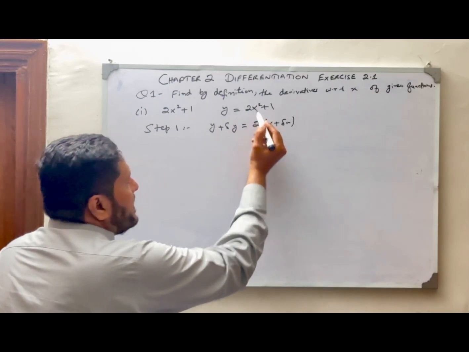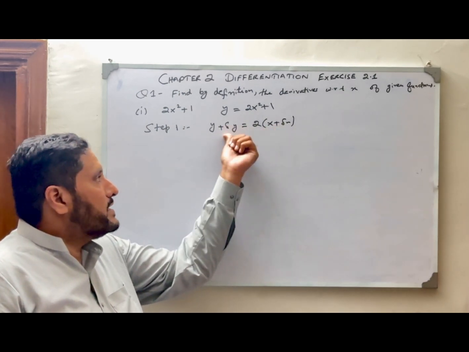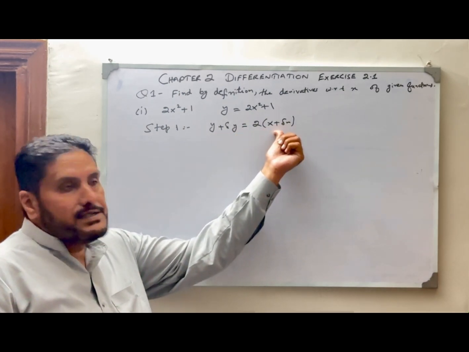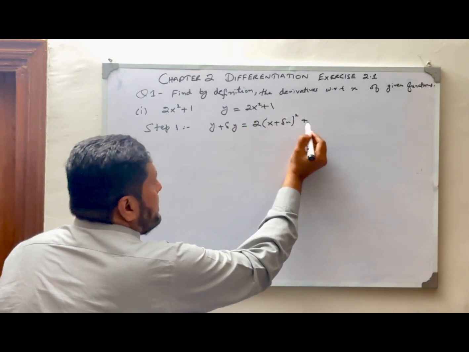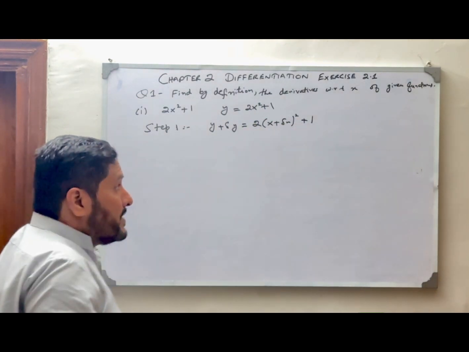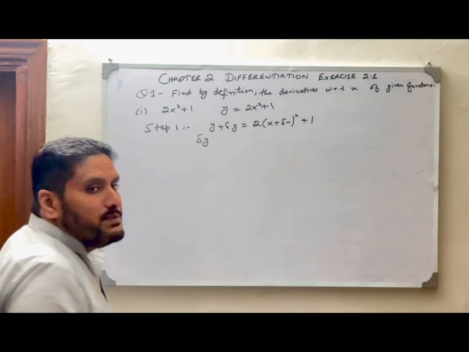In place of this x we have to replace it by x plus delta x. So our delta y is equal to, now we have to simplify this one.